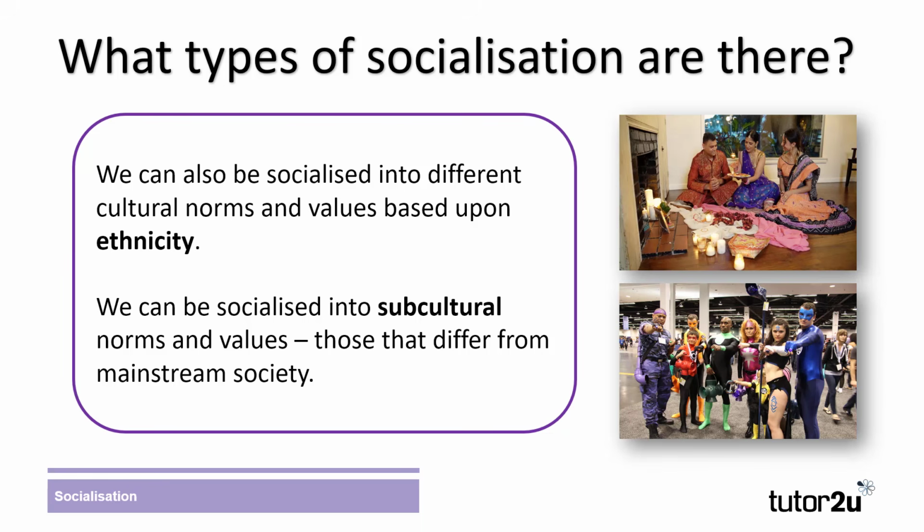A final form of socialization can be into subcultural norms and values. A subculture is a group with its own norms and values that are separate from those of mainstream society, and people learn these norms and values from their peer groups. Subcultures can be based upon many different aspects, such as social class, gender, and ethnicity, but also based upon music, film, and other shared interests.